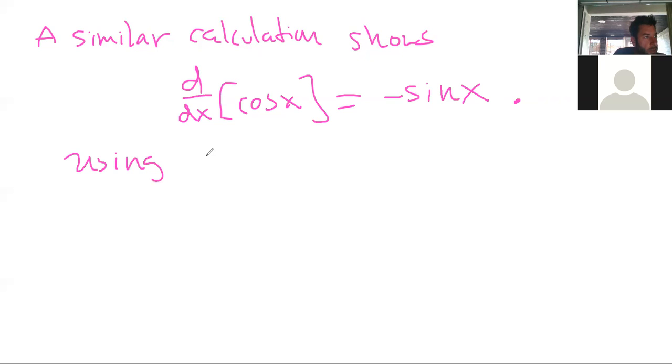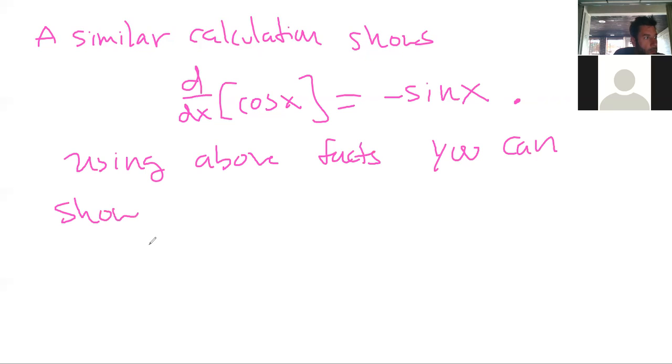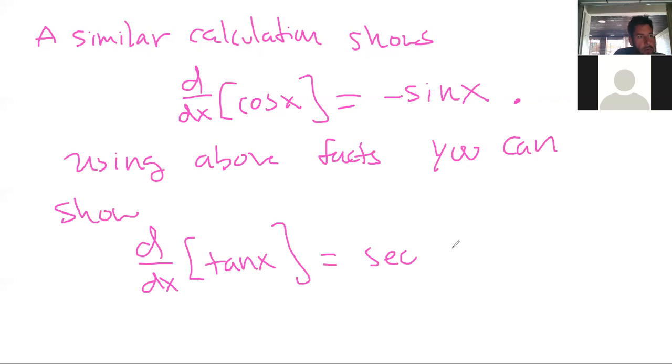And then using the above facts, you can show that the derivative of tangent is secant squared. So you now can compute the derivative of the three basic trig functions: sine, cosine, and tangent.